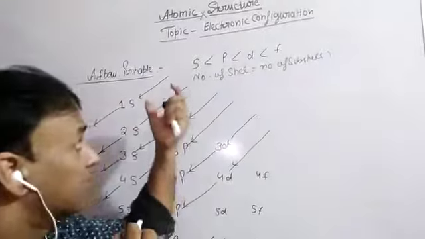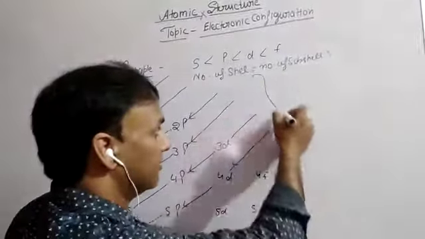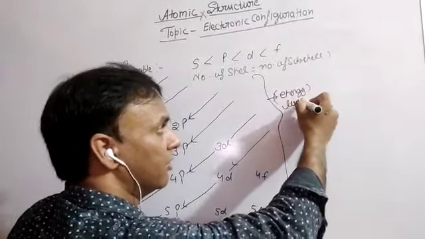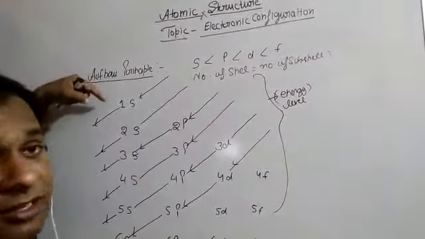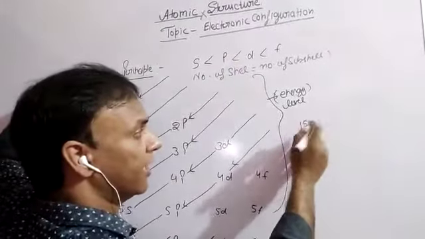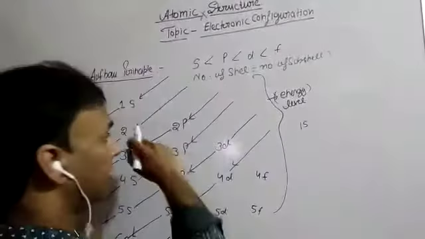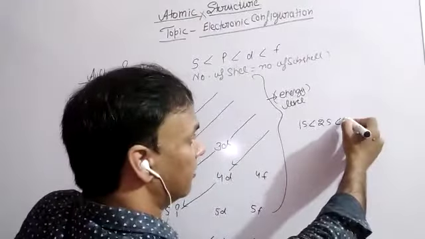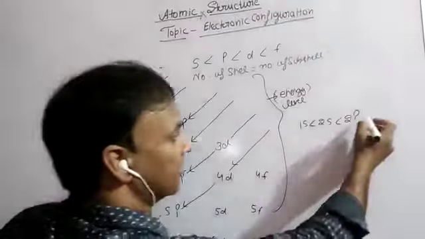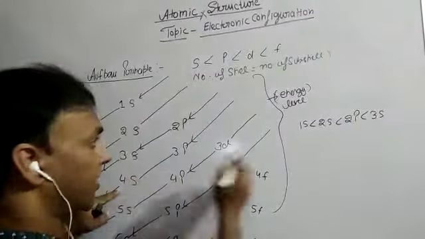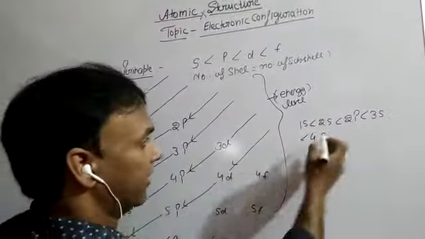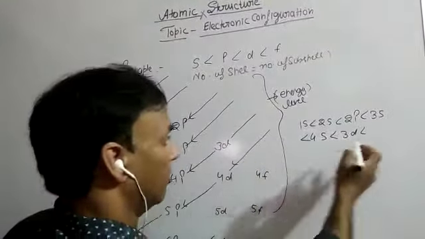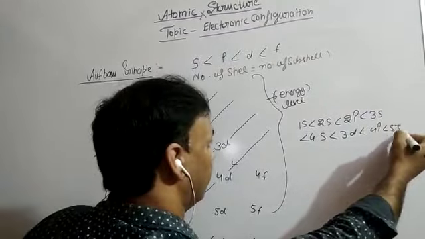This diagram shows the energy levels: the electron enters 1s first, meaning 1s has the lowest energy, then 2s, next 2p, next 3s, then 4s, next 3d, 4p and 5s.